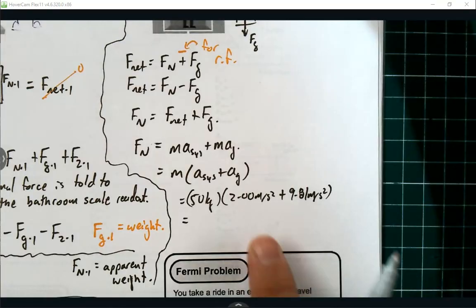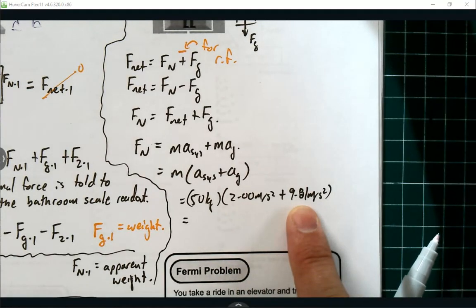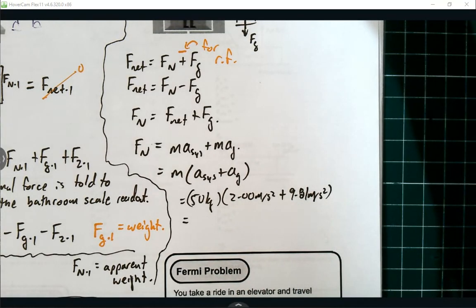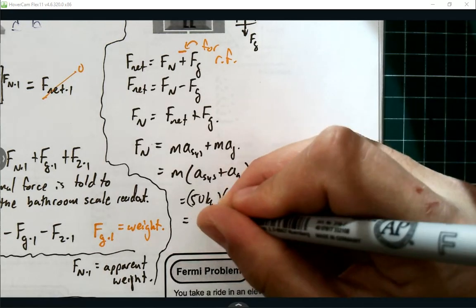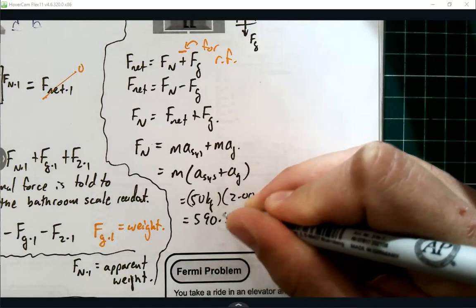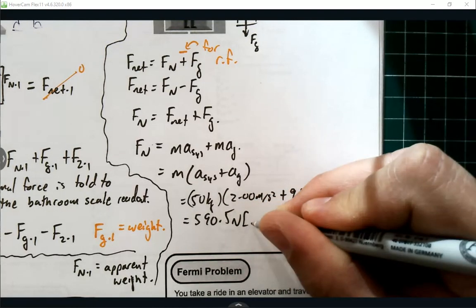Somebody with a calculator: 2 plus 9.81 is 11.81, times 50. What's the F normal on this person's feet? It should start with a 5. Yeah, 590.5. Nice. And up, right?